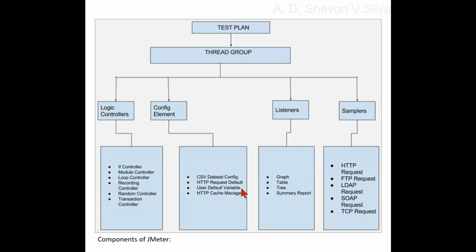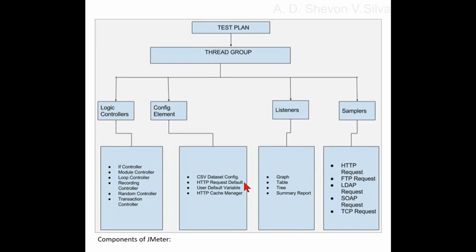To avoid updating the URL in each request, we can tell JMeter to pick up the URL from the UDV, user defined variable, which can later be updated to handle all requests to the updated URL.